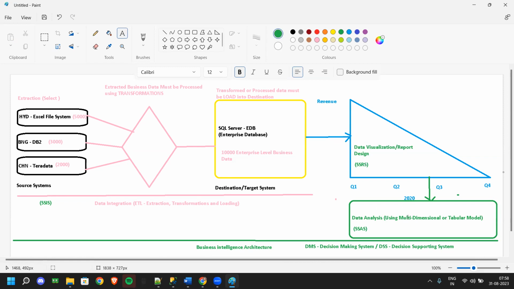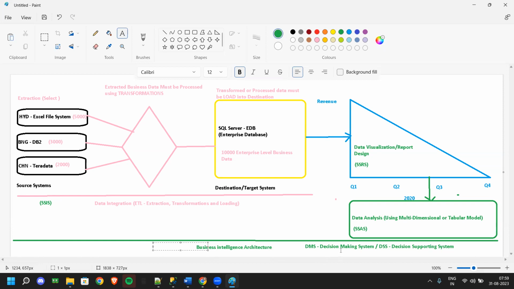You are in a position to perform data analysis activities by using the MSBI tool called SSAS. So you can perform all ETL, reporting, and data analysis BI activities using MSBI.